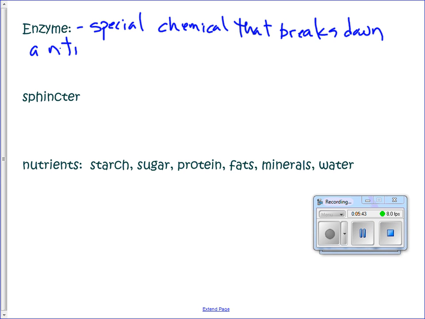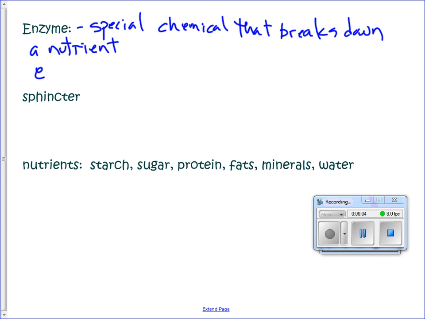And the really interesting thing, it's basically a chemical that helps a chemical reaction happen. It's a substance that makes the chemical reaction happen faster. And the interesting thing about enzymes is specific enzymes break down specific nutrients.